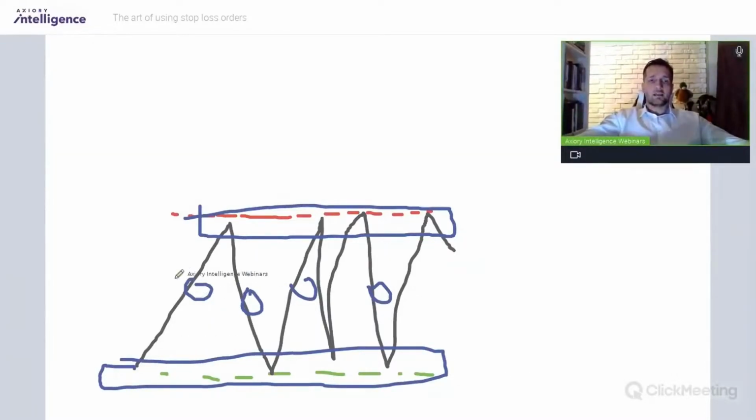Why don't you open a position here? It doesn't matter if long or short. You don't open here because the stop loss for the short position will have to be here, and the stop loss for the long position will have to be here, a long distance.